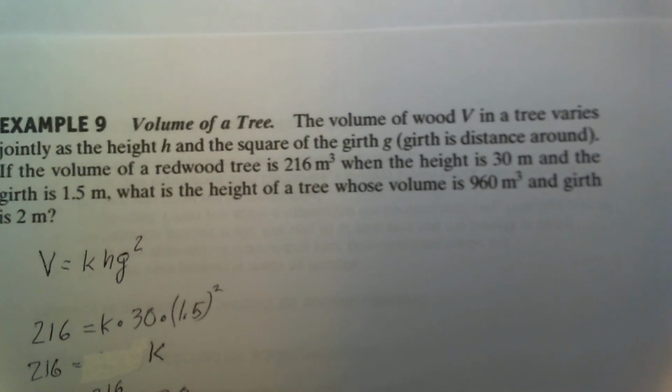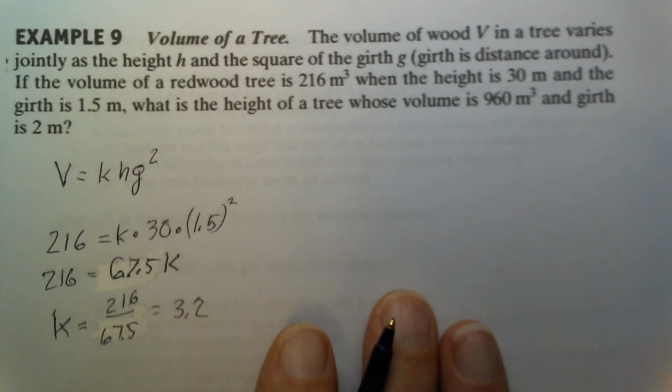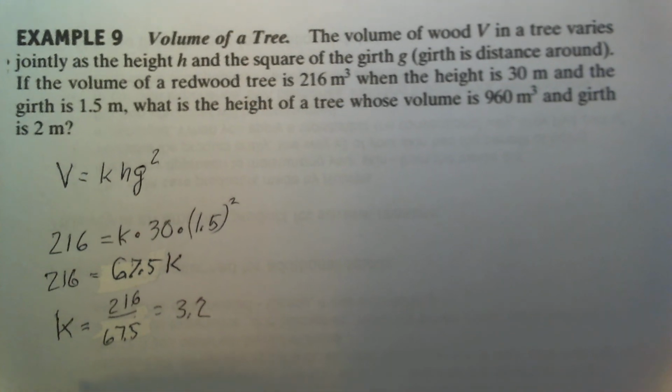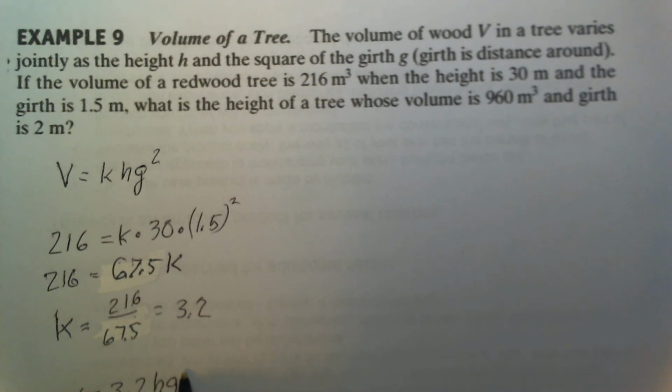Actually, 30 times 2.25 is 67.5. So then k is 216 divided by 67.5, and that is equal to 3.2. So our equation of variation is V equals 3.2 times h times g squared.